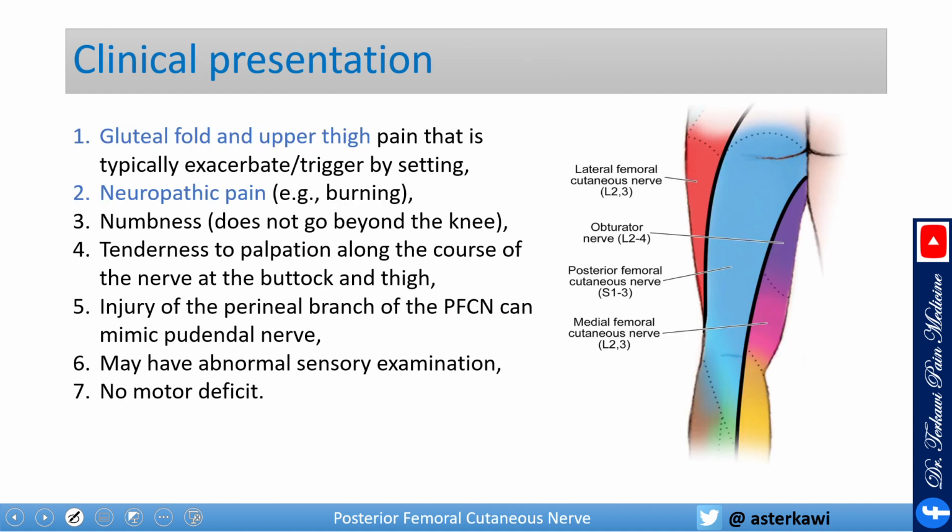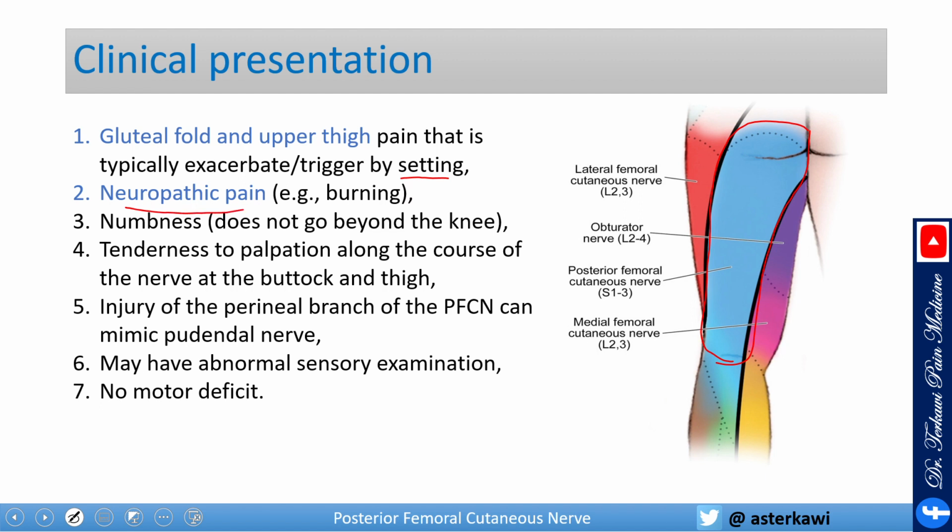Typically the patient presents with gluteal fold and upper thigh pain. That's the dermatome covered by the posterior femoral cutaneous nerve. This pain is typically triggered or exacerbated by sitting. Most of these patients do well with standing and walking because they no longer have that pressure. The pain is classically neuropathic.